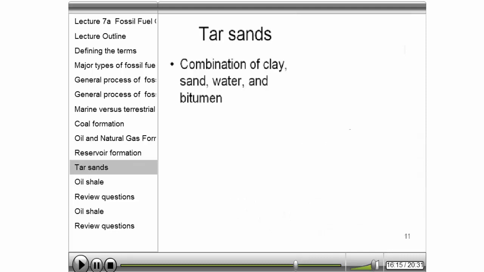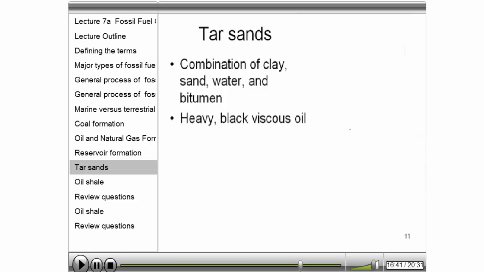Tar sands, as the name implies, you can visualize sand, though rather than just pure sand material that you might find on beaches, it is a combination of sand, finer grained materials called clay, water, and bitumen, which is a precursor to oil and coal, and it's an organic petroleum deposit.